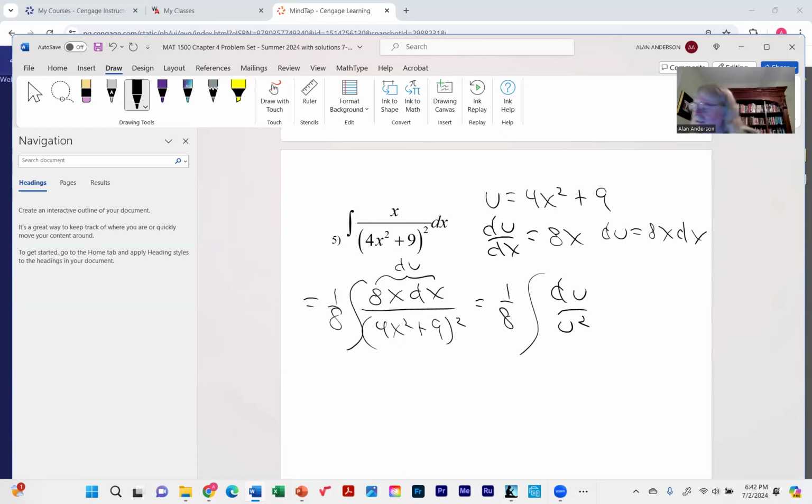Although, in my opinion, it would be easier if you rewrite it like this. I don't know. That's just me. I would prefer to leave it like that only because we're trying to apply this power rule, so this is our n.